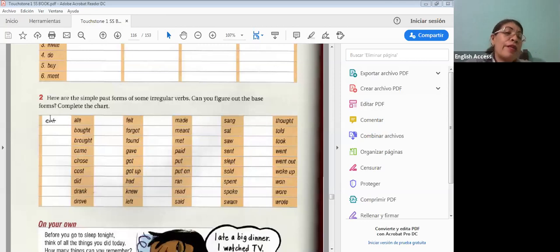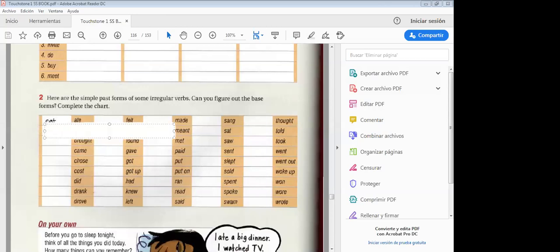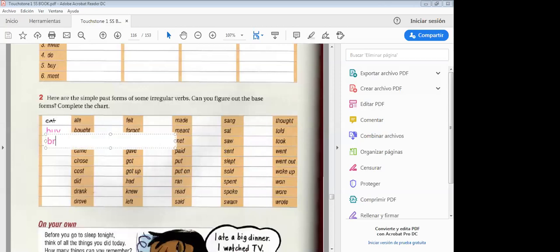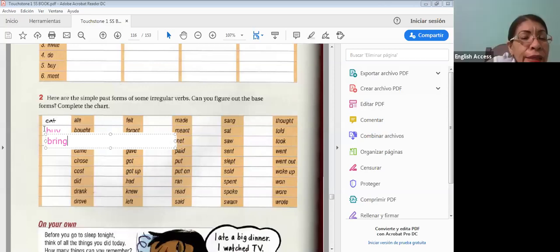For example, ate is the past of eat. Bought is the past of buy. Brought is the past of, do you know? Bring. Brought is the past of bring.